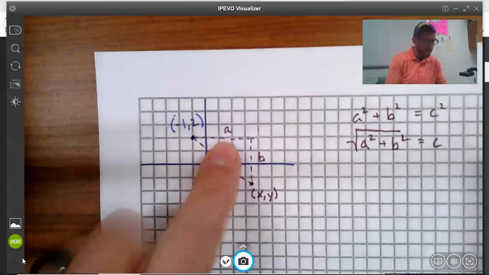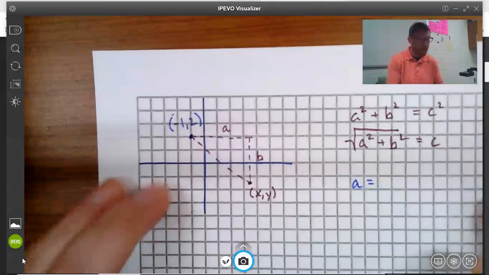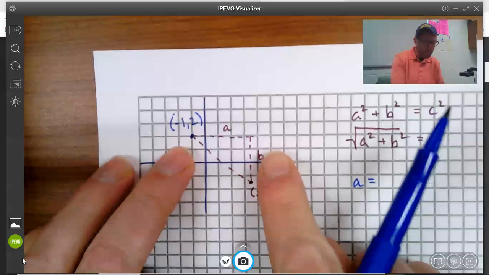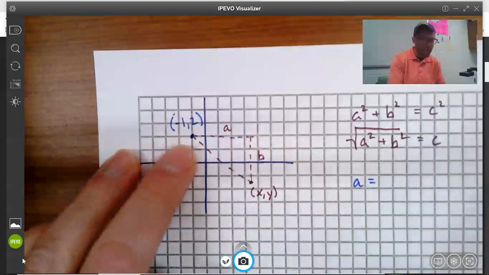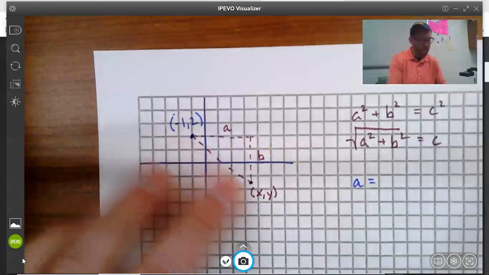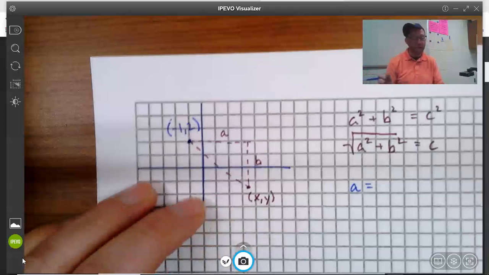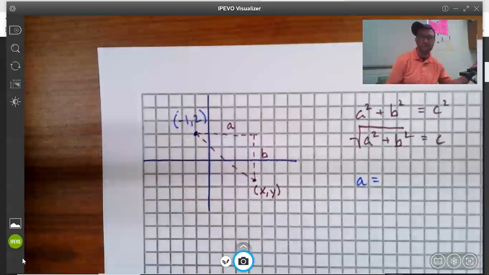So how are we going to calculate A? Remember, we talked about this in an earlier video, but A is the horizontal change between the 2 points. So as I travel from the first point to the second point, I end up further to the right, my right, this would be your right.